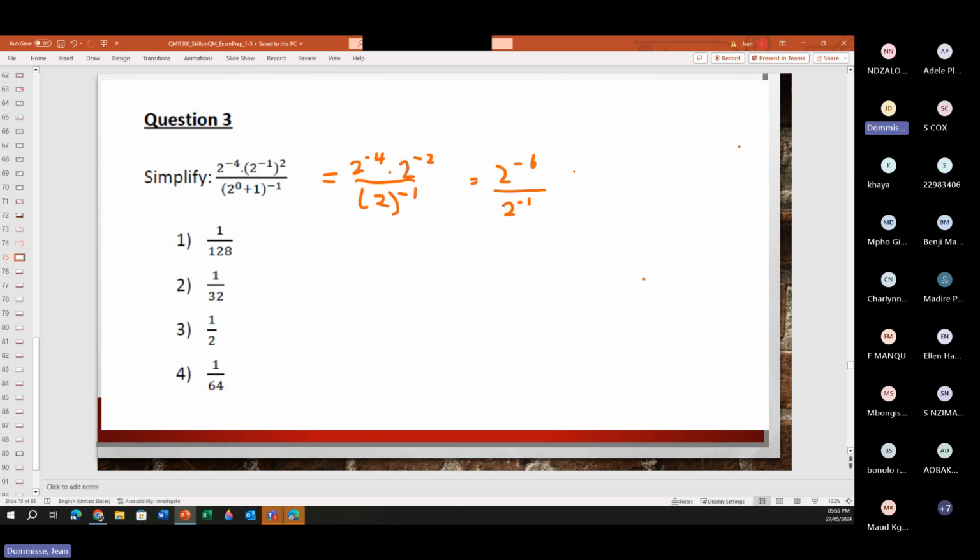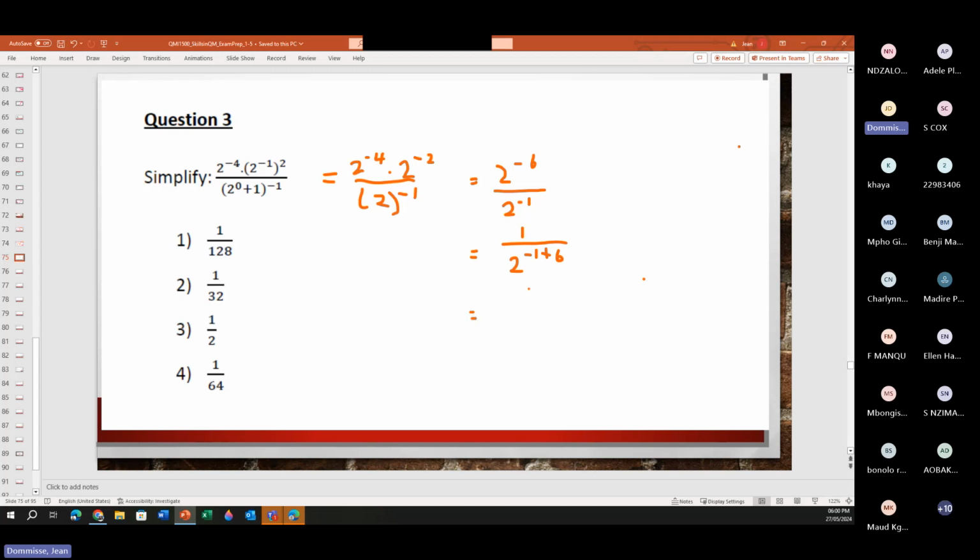So we can now nearly decide, do you want to take 1, 2 up, or do you want to bring all of this down? So since everything is in fractions, I would just say, okay, we've got the 2 minus 1. Let's bring the minus 6 down. So if we bring the minus 6 down, at the bottom, it becomes positive 6.